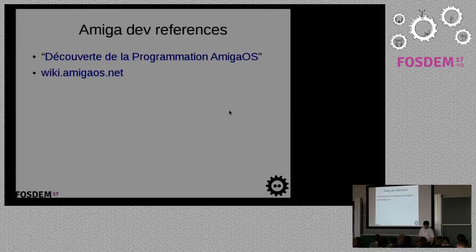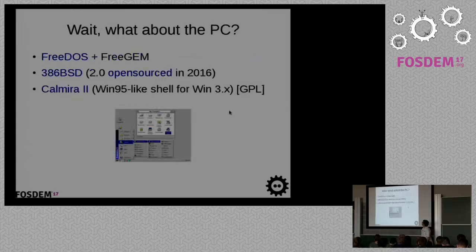So wait, what about the PC? Well, now there is still FreeDOS. People are still working on a DOS operating system for the PC. That's weird. And GEM has been open source some time ago, so you can actually run a GEM desktop. 386BSD, which the last published version was 0.1 or something until very recently.